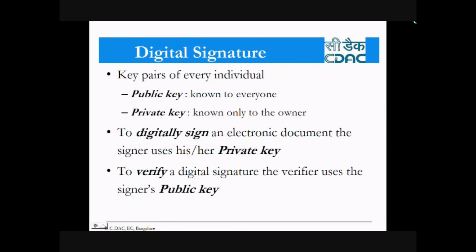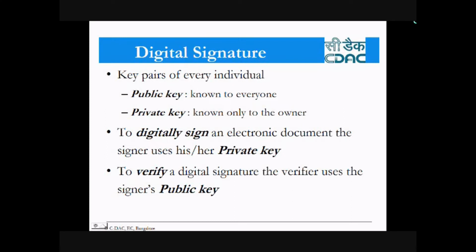So how can a digital signature first be affixed? The first thing is, for an individual, a pair of keys is given. The first one is the public key and another one is the private key. The public key can be given or distributed to everyone, including the person.